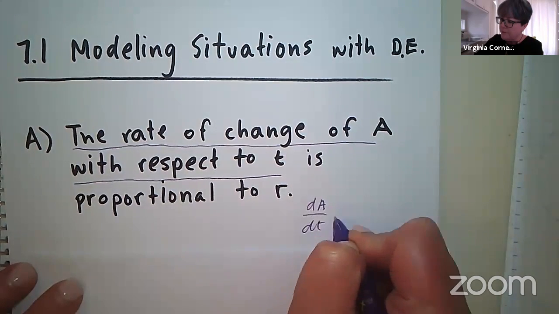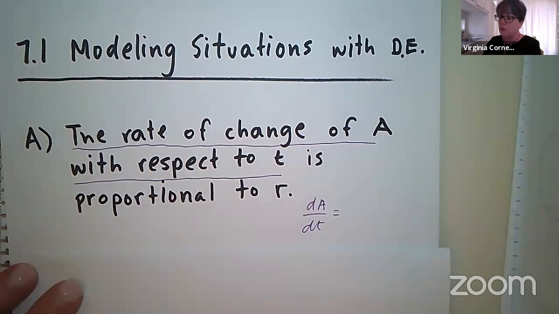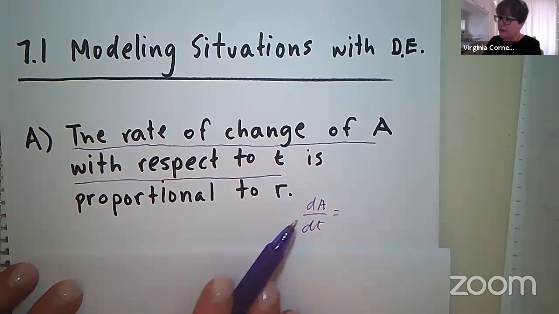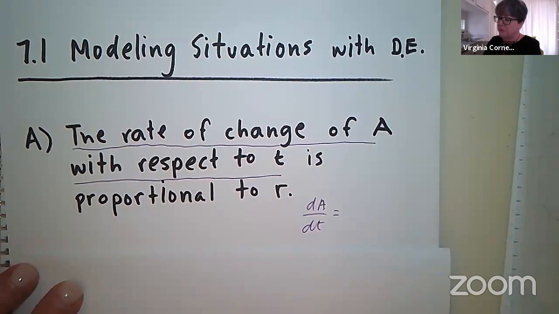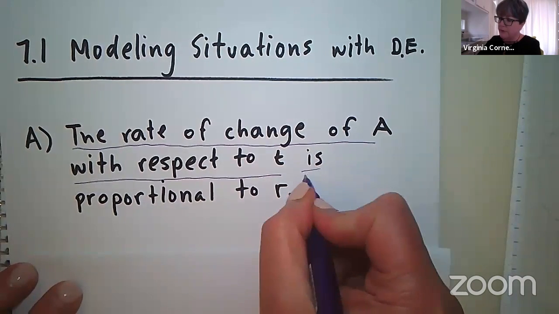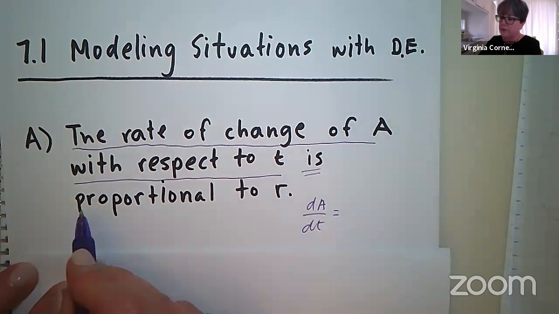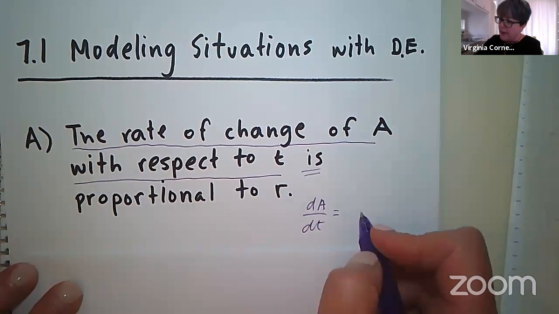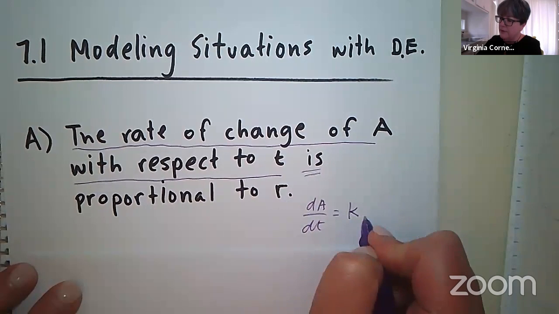Now, if you think back to implicit differentiation or related rates, you saw expressions of the derivative written in this form. A lot of times we'll write a derivative with just an f prime or a y prime, but this form, showing the differentials like that, is what we're going to be translating today. There's my equals. Proportional to R. So K, my constant of proportionality, times R.